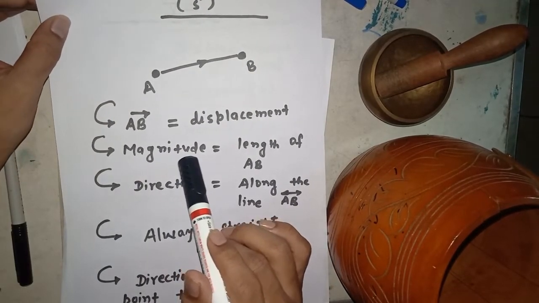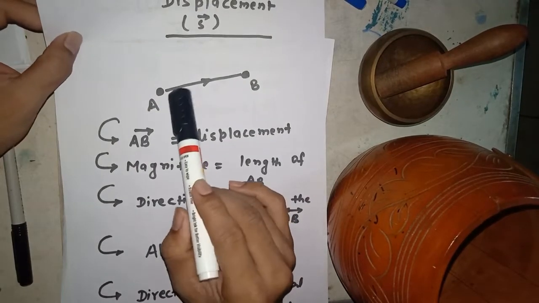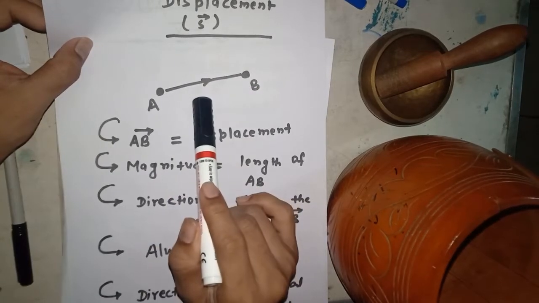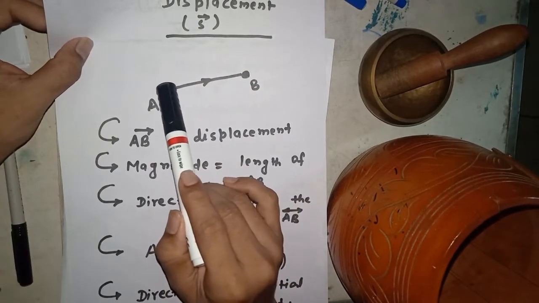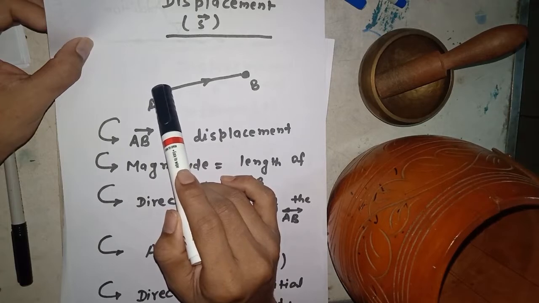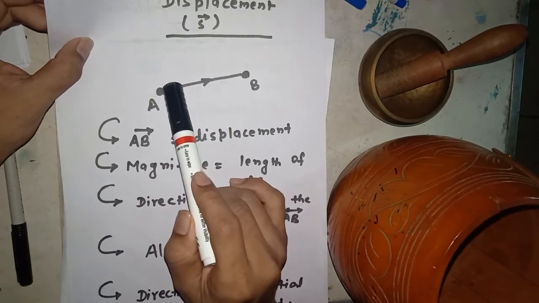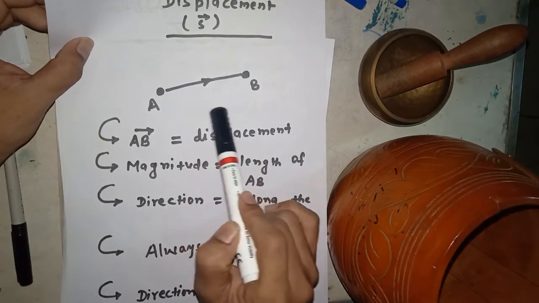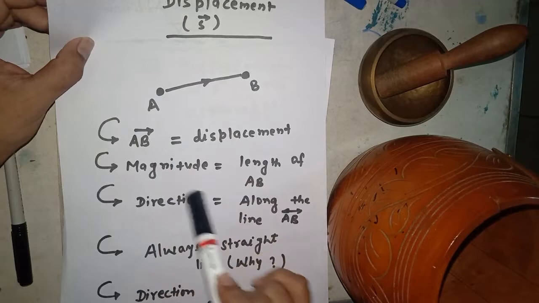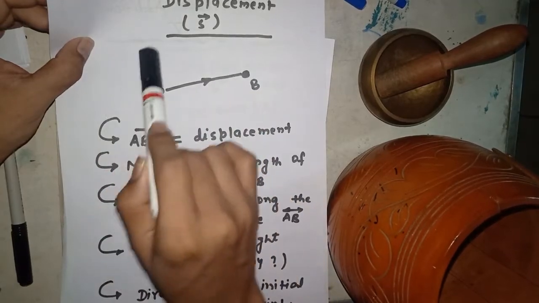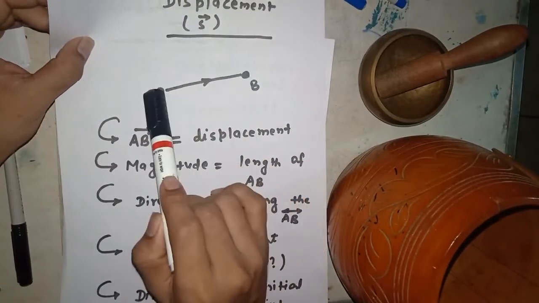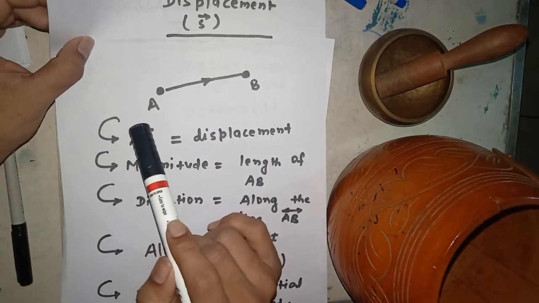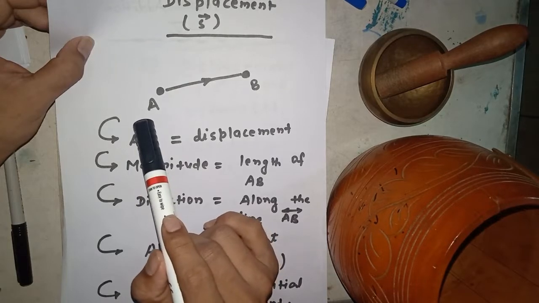So if anybody wants to go from A to B, he or she can go in many ways. He or she can go along this line, or this line, or this line, and one can also go along this line. So what would be the smallest path? Can you say?